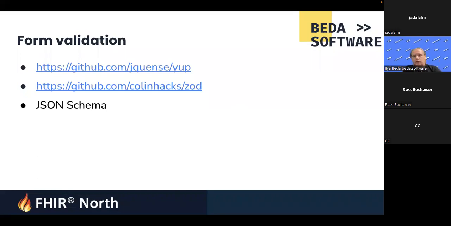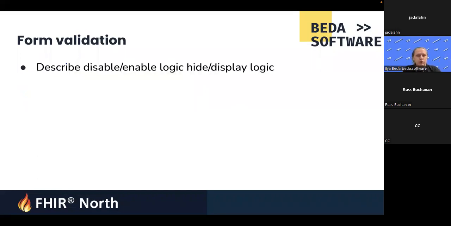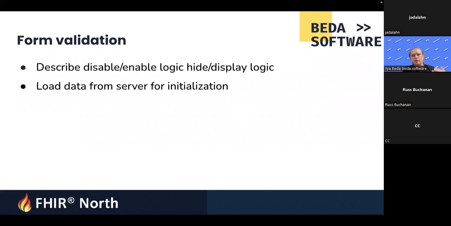Okay, you have a form engine, you have your validation, and now you start implementing a lot of code. You need to describe how to enable and disable elements in your form. In some cases, you need to hide something, or display it based on some conditions. Finally, you need a way to properly initialize your form, to load data from the server and put it in your form state.